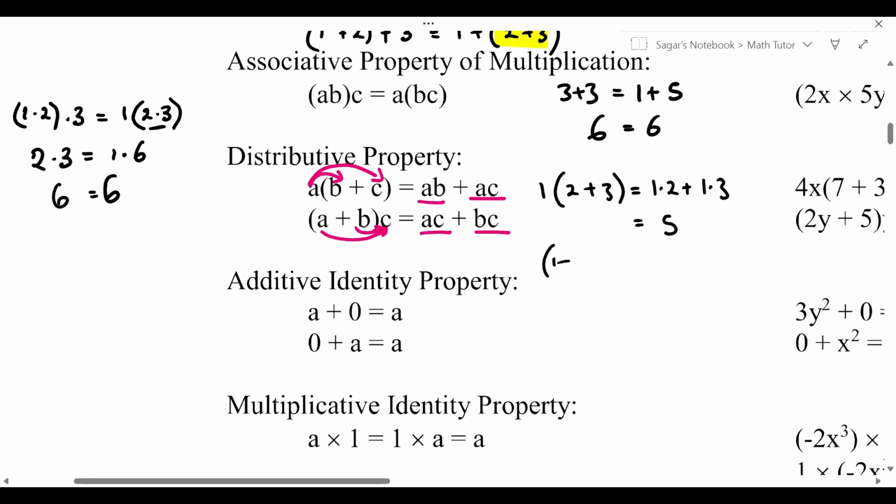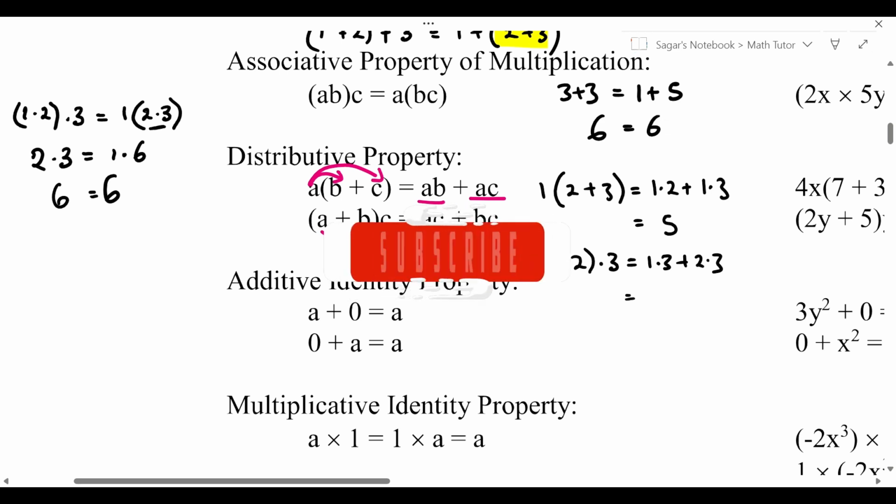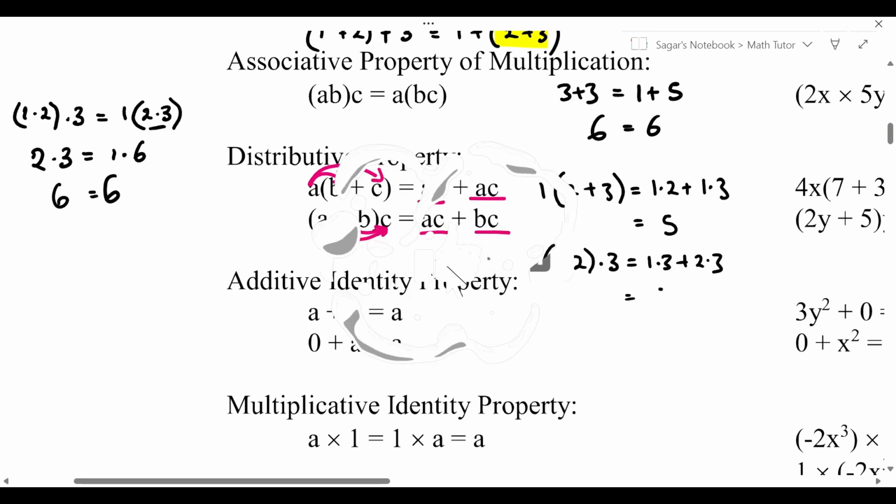We've got 1 plus 2 multiplied by 3, which equals 1 times 3 plus 2 times 3, and this is equal to 9.